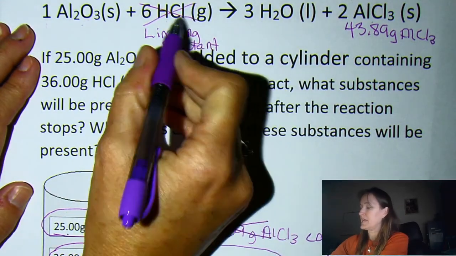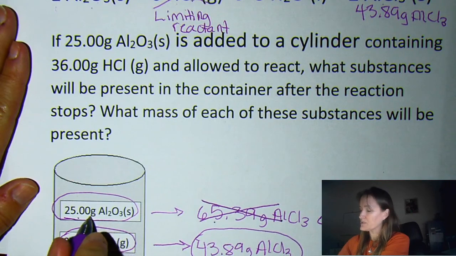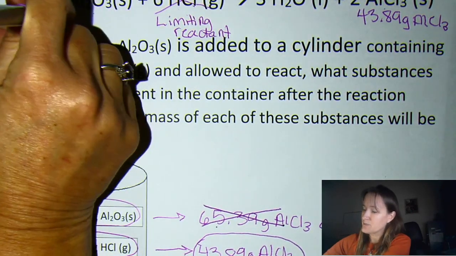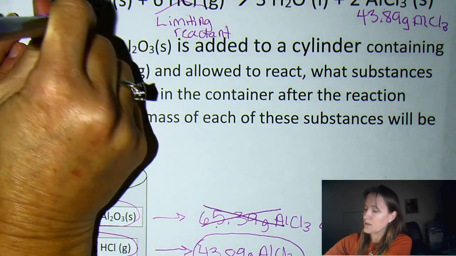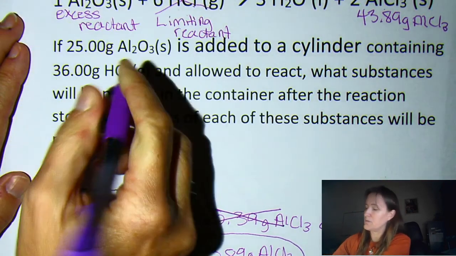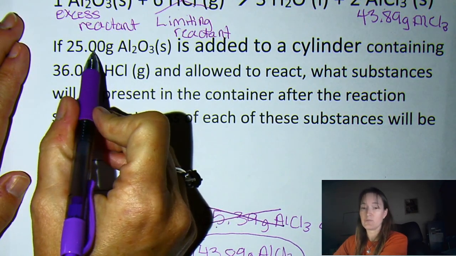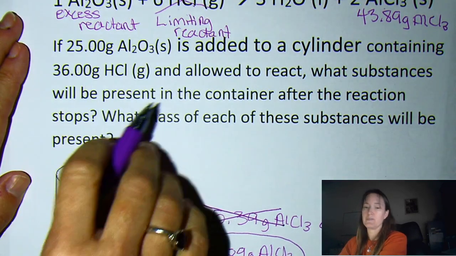What that means is HCl will be gone completely, and there'll still be some aluminum oxide solid that remains. So this one is called the excess reactant. So we're starting with 25 grams of the aluminum oxide. Some of that will get used up, and we'll do the rest of the calculations in the next video.